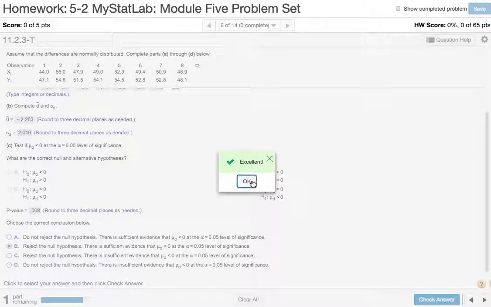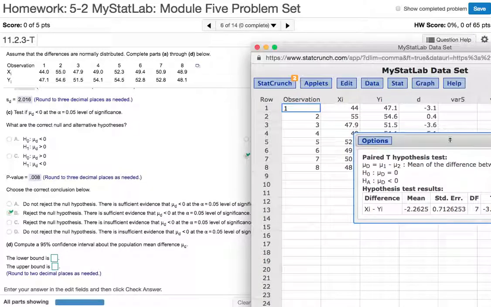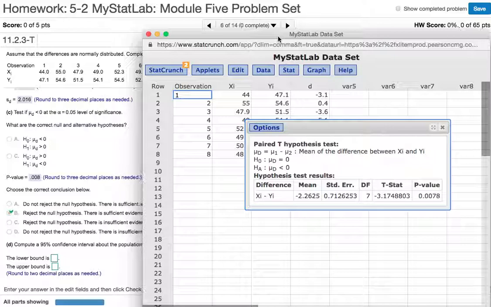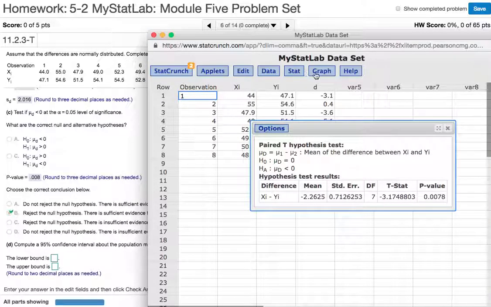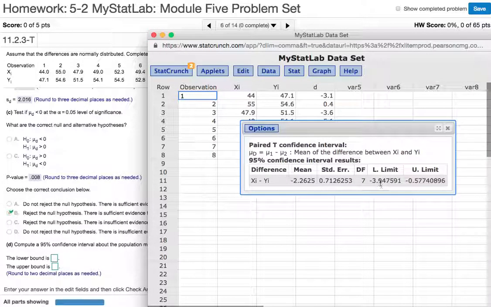Okay. And then here, compute a 95% confidence interval about the population mean difference. So here we can do that easily in StatCrunch. We can start over and go in Stat and do it all, or we could just go like this, edit, and then here we're looking for 95% confidence interval, and so I'm going to go ahead and compute that. And so the lower limit and the upper limit.